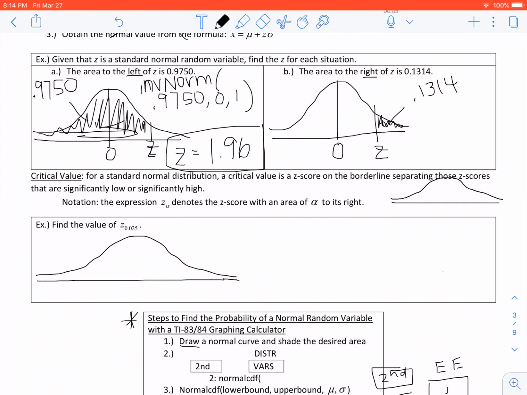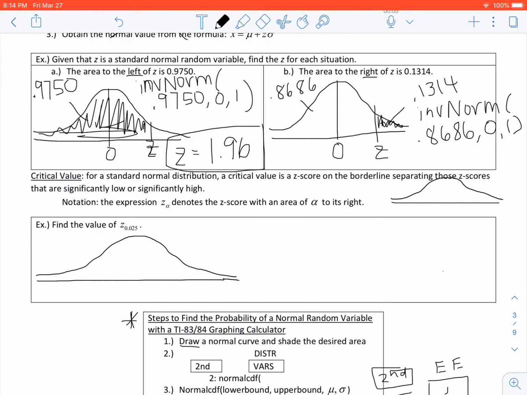From here, we're going to use inverse norm. And then it asks for the area to the left. So to find the area to the left that we have over here, we're going to have to do 1 minus 0.1314, which works out to being 0.8686. And so we're going to put in 0.8686, comma the mean, comma the standard deviation.